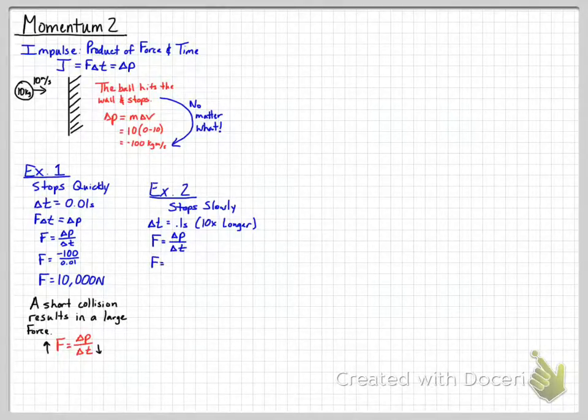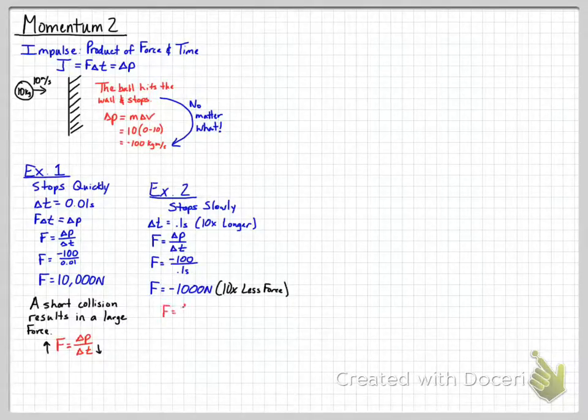We've already divided by time, so force equals the change in momentum over change in time. And it's negative 100 because our change in momentum is the same. No matter what we do, it's negative 100 kilogram meters per second. And we're going to divide it by a greater amount of time, so 0.1 seconds. And we get 1,000 newtons, which is 10 times less force.